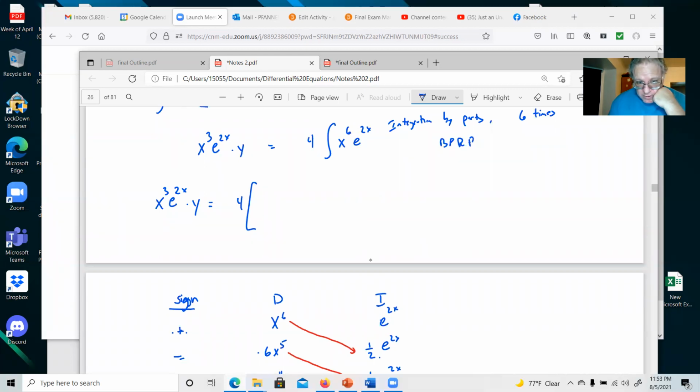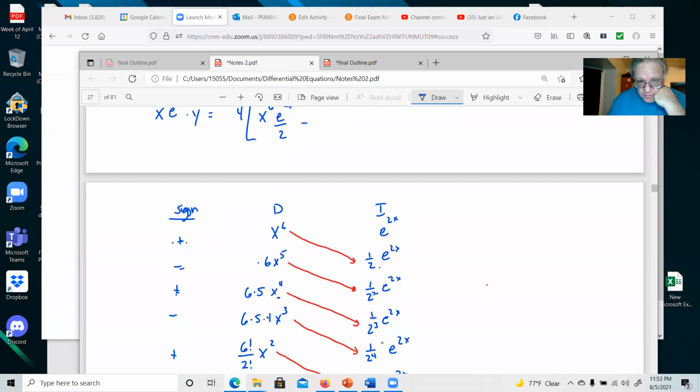Okay, so we have plus x to the 6th e to the 2x over 2, minus 6x to the 5th over 2 squared, e to the 2x, plus 6 times 5 times x to the 4th over 2 cubed e to the 2x. See, isn't this delightful?